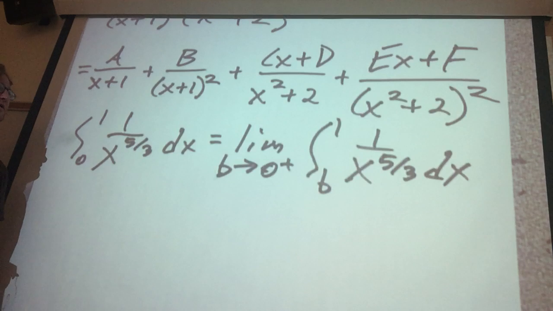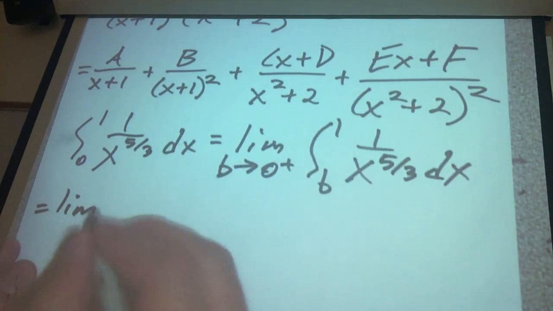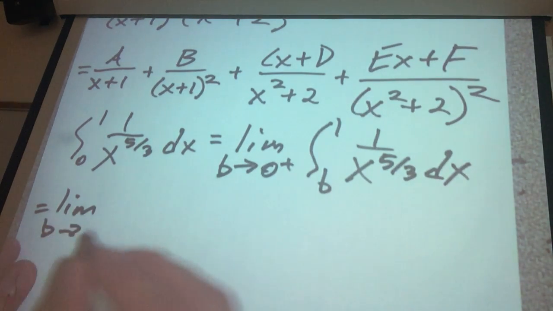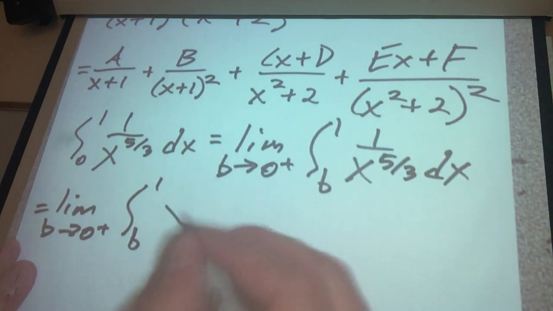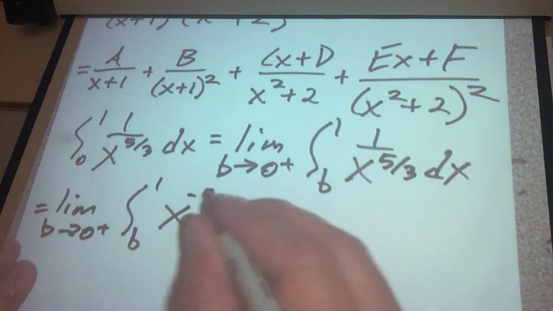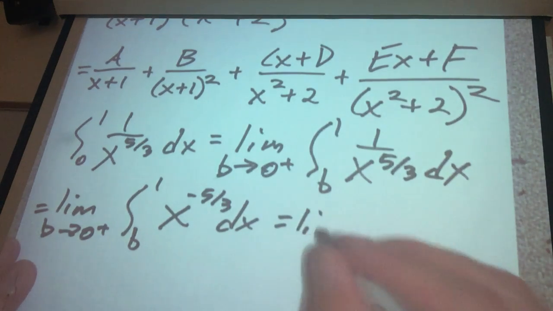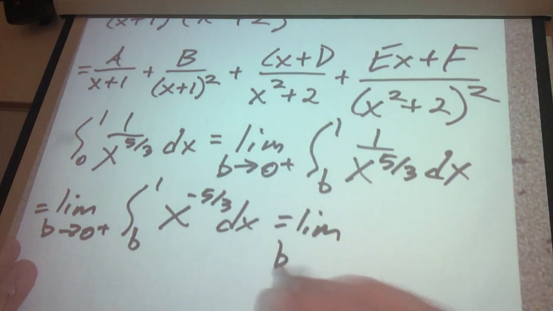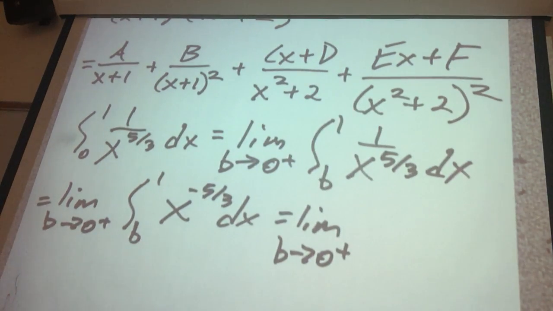So you can view this as, you know what, I'll do this as an extra step. Limit as b tends towards 0 from the right, integral from b to 1 of x to the, let's say, negative 5 divided by 3, which will equal the limit as b tends towards 0 from the right. All right, so if we're at negative 5 over 3, what is it going to go up to?